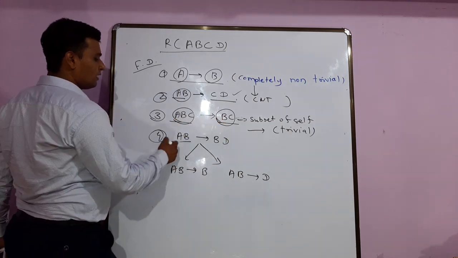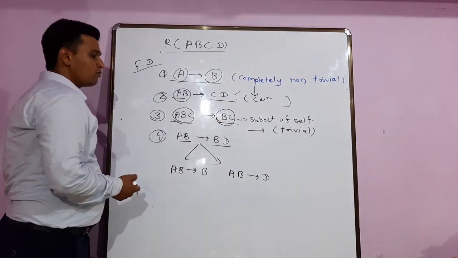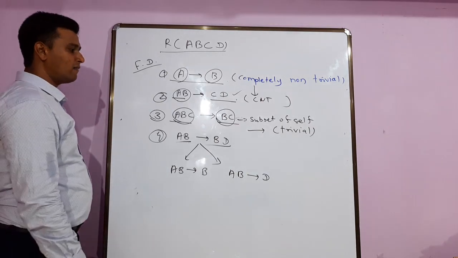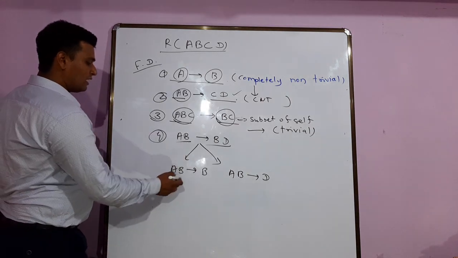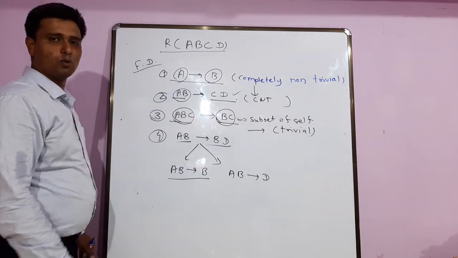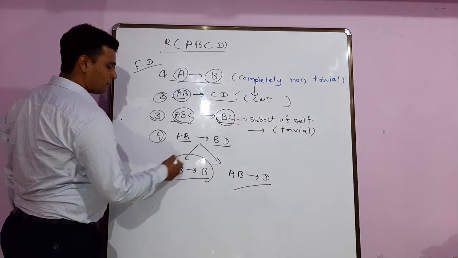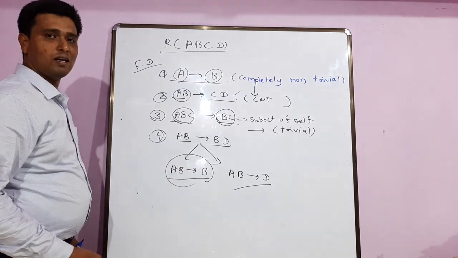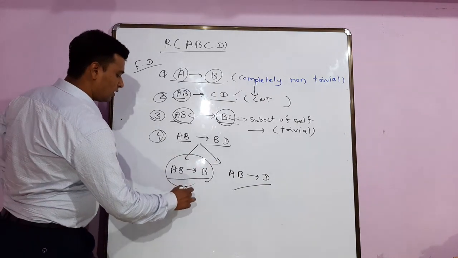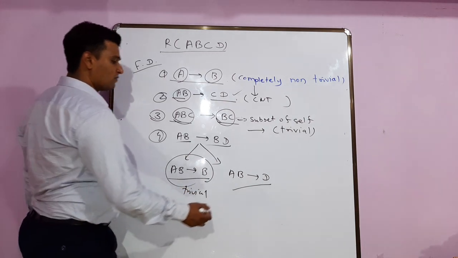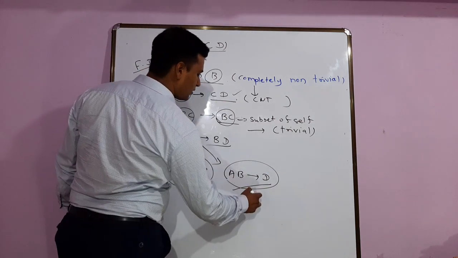Now the fourth example, we can have AB determines BD. So this is a complex example. We will divide this example into two. According to the inference rules, AB determines B, and we will have AB determines D. Now AB determines B, this relationship is a trivial functional dependency, and AB determines D is non-trivial.